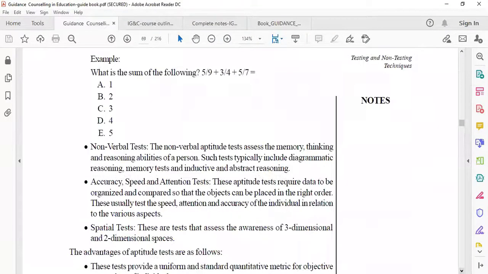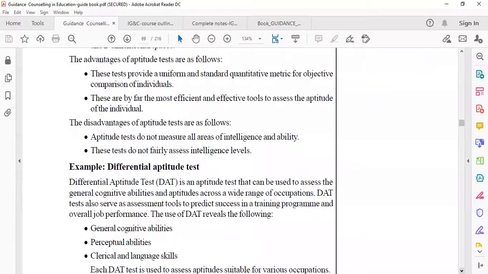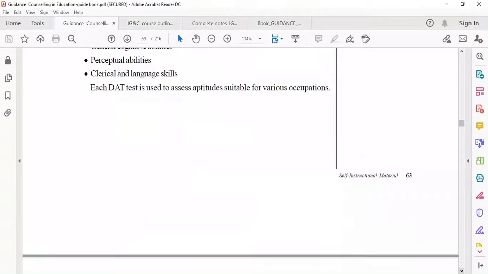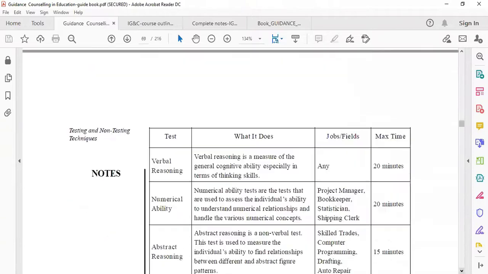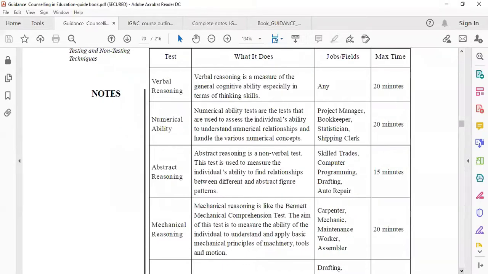Now basically these are the examples to assess the aptitude of a student. These are assessments of their different skills. These skills include verbal reasoning, numerical ability, abstract reasoning, and mechanical reasoning.